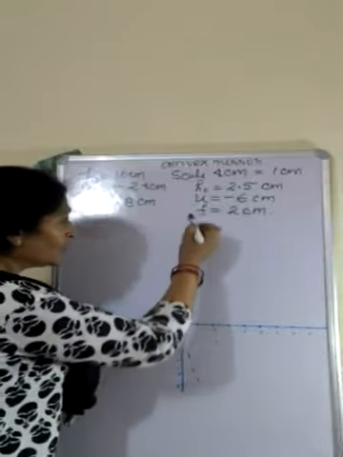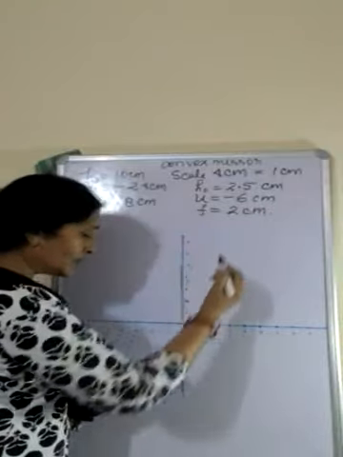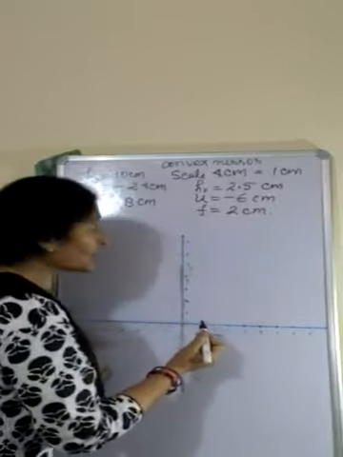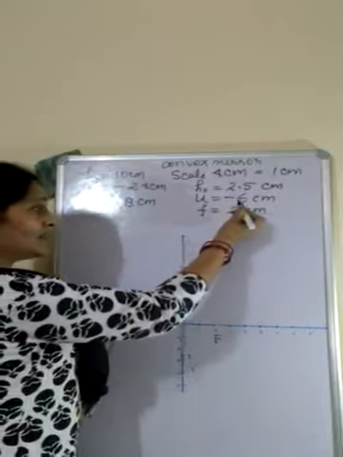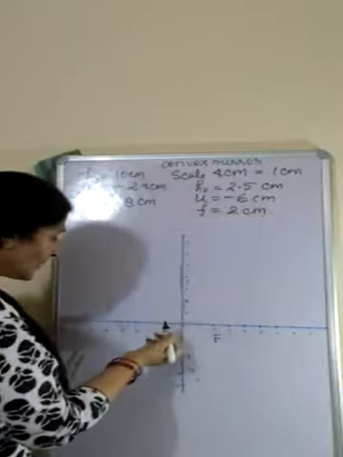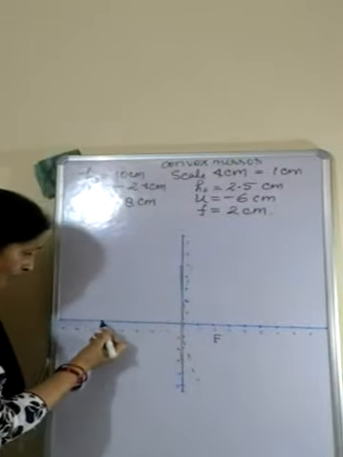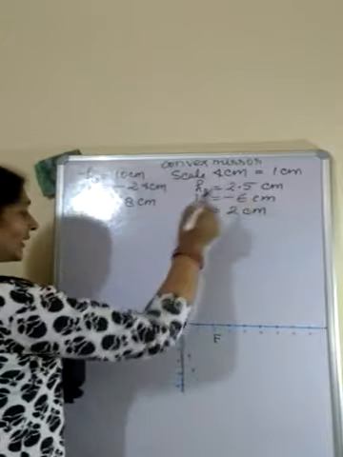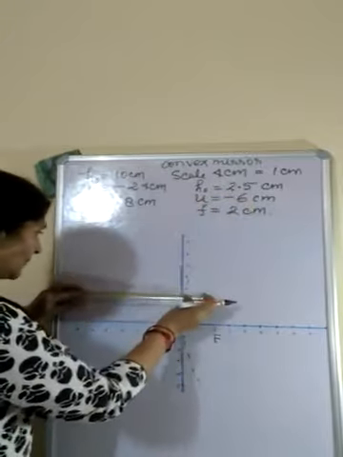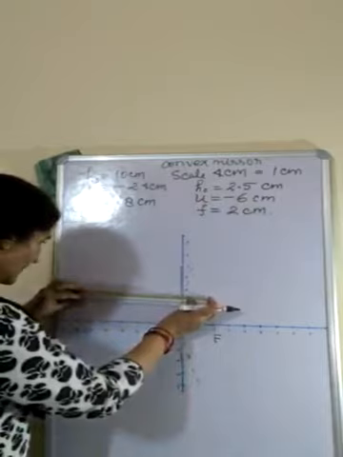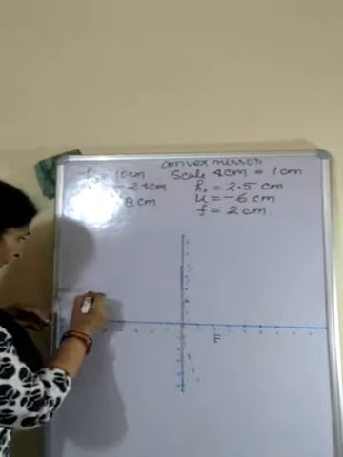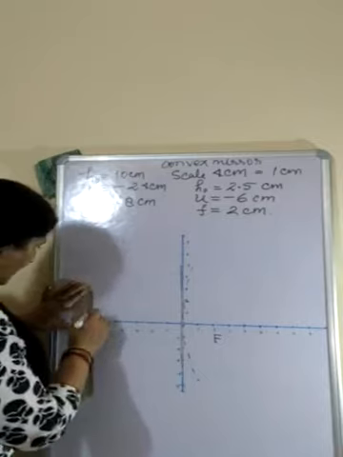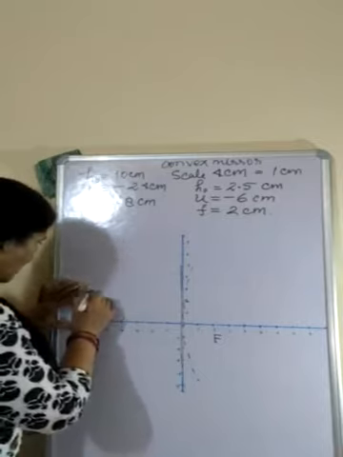Focal length is 2 centimeter. We will put focus here at 2 centimeter. Object distance is 6 centimeter: 1, 2, 3, 4, 5, 6 centimeter, and the height of the object is 2.5 centimeter. That will come here. And object we will keep on the left of the mirror.